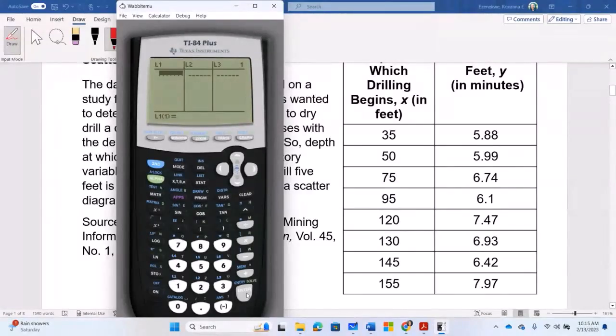The first one is 35, enter, 50, 75, 95, 120, 130, 145, 155.